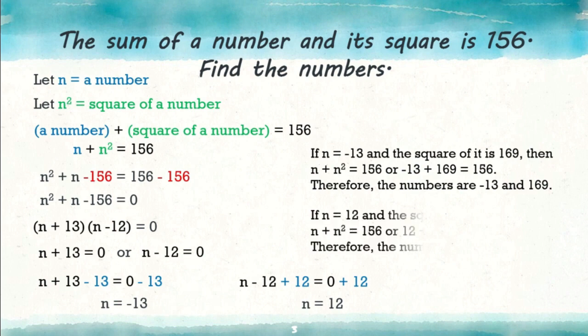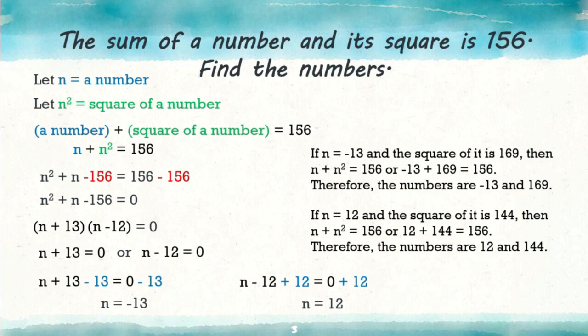Or, if n is 12 and the square of it is 144, then n plus n squared equals 156, or 12 plus 144 equals 156. Therefore, the numbers are 12 and 144.